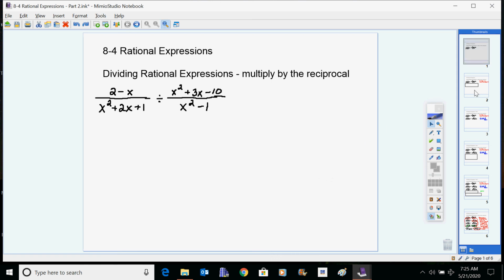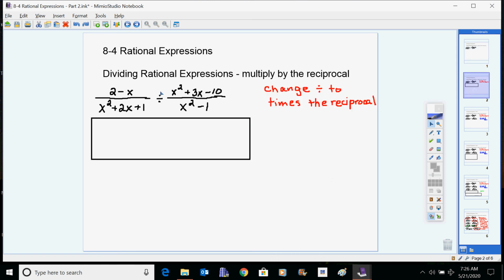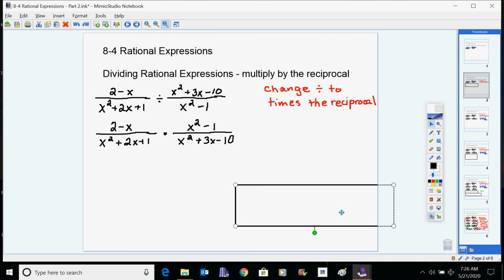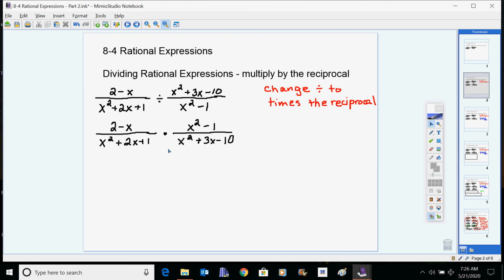First thing that we need to keep in mind is that whenever you have a division sign, remember for regular fractions, when you want to divide fractions, it means multiply times the reciprocal. So all we have to do is change this to a times and flip this one over. After that, we're going to reorder if necessary.